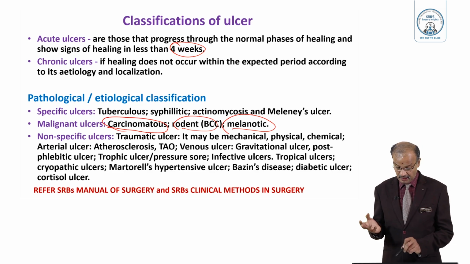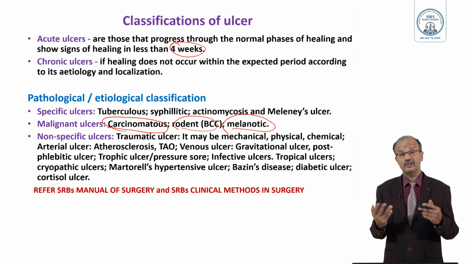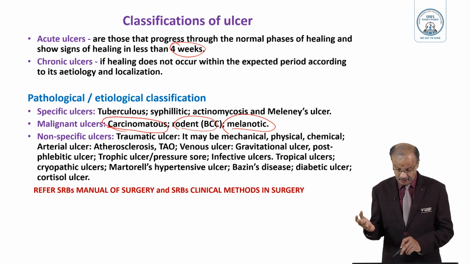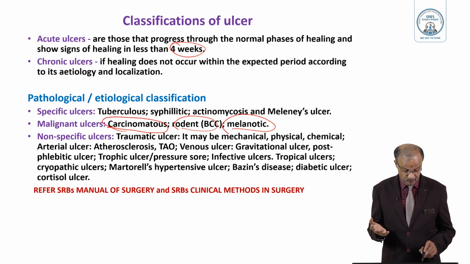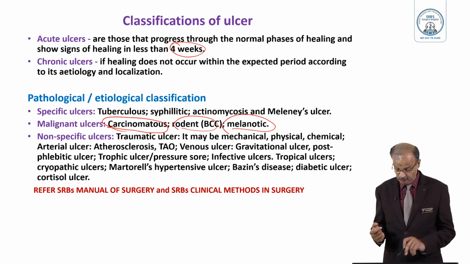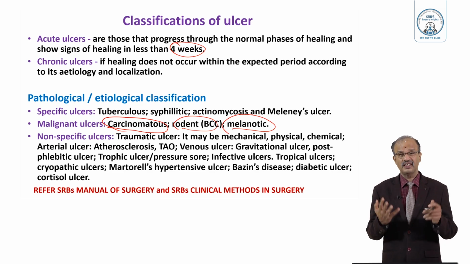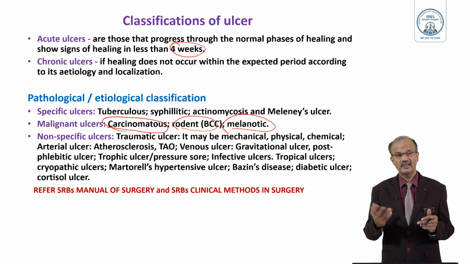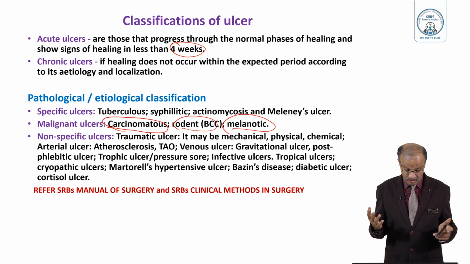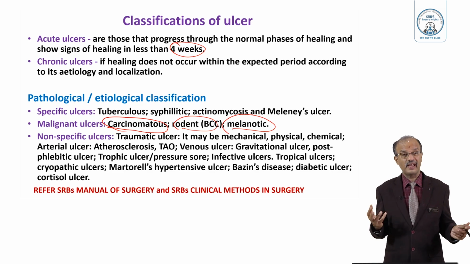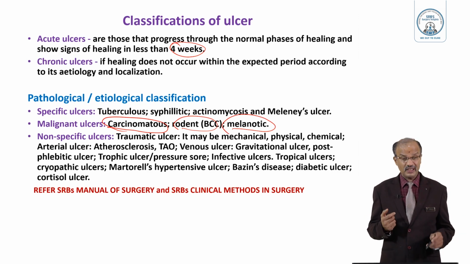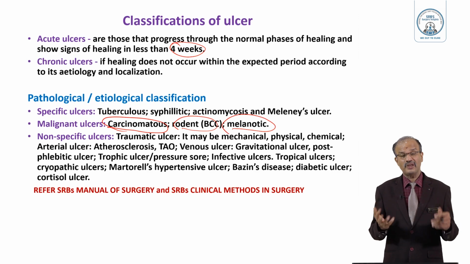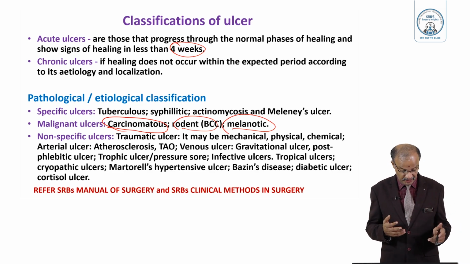Non-specific ulcers: traumatic, mechanical, physical, chemical, arterial ulcer, atherosclerosis, venous ulcer, gravitational ulcer, post-diabetic, trophic ulcer, pressure sore, infective ulcer, tropical ulcer, Vincent's bacteria, fusiform bacteria. Tropical ulcer may occur on the face, leg, body, anywhere. Cryopathic ulcers are because of low or freezing temperature.